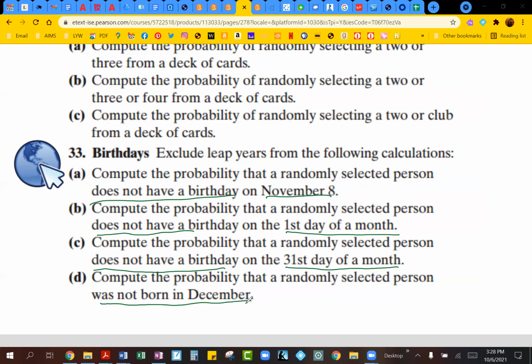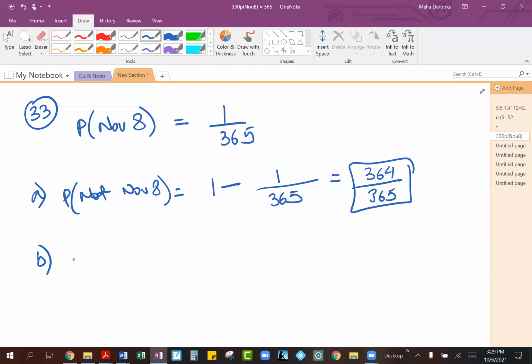Okay, so this one actually looks like an example using all complementary calculations. So they do not have a birthday on the first of the month. So if we talk about probability of has a birthday on first of month, that would, of course, be 12 out of 365.